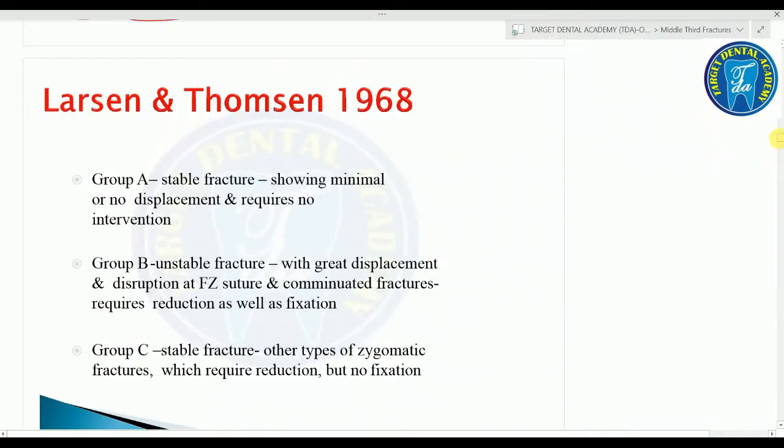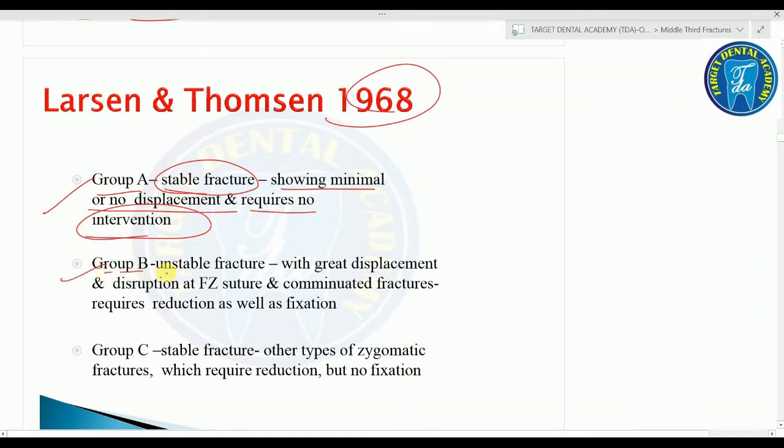So Larsen and Thompson in 1968 defined 3 groups. Group A means it's the stable fracture. It shows minimal or no displacement and it does not require any intervention. Group B involves the unstable fracture with great displacement and disruption of the frontozygomatic suture, and the comminuted fracture, which requires the reduction as well as the fixation.